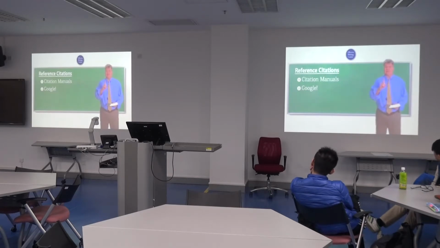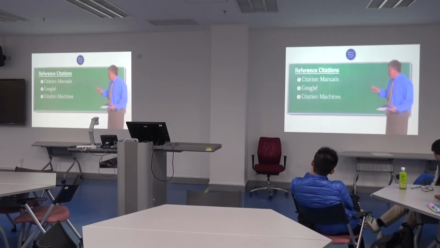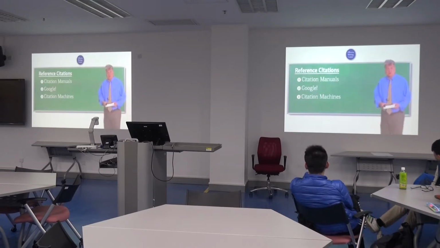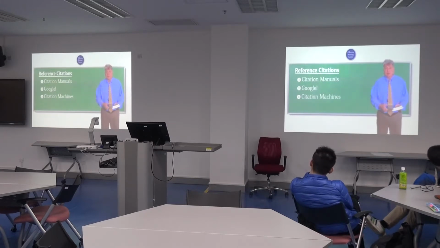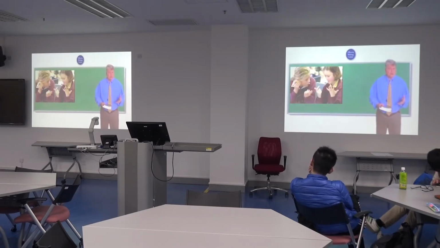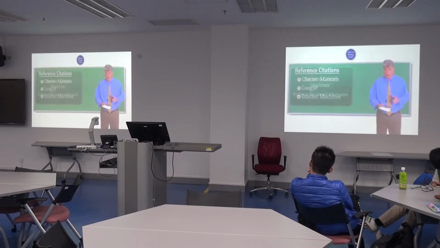Third option. Aha! Citation machine. That's right. There's a machine where you can put in the information that you got in the library. The citation machine does the algorithm and spits out a citation for you. Now, that's kind of like the difference between counting with your fingers with a math exam and using a Texas Instruments C2000 pocket calculator. But like a pocket calculator, you only get a correct answer if you put in the correct information. So they're not foolproof.